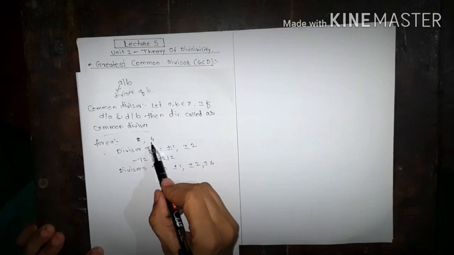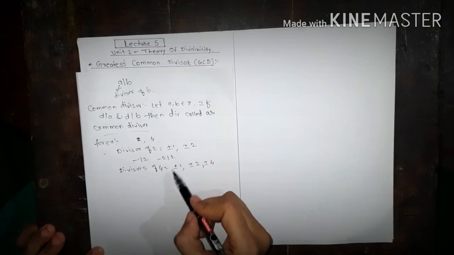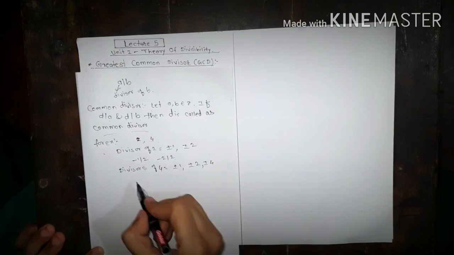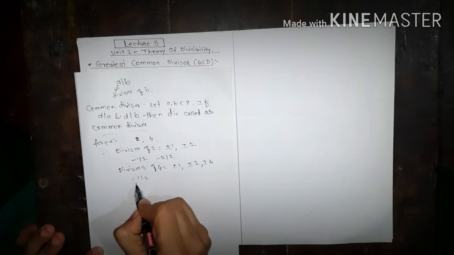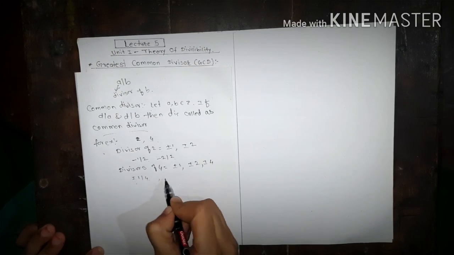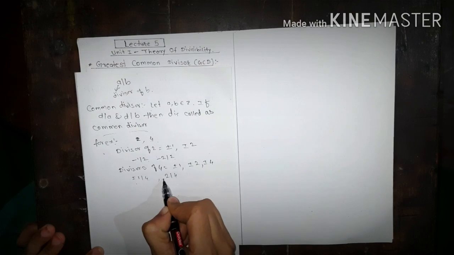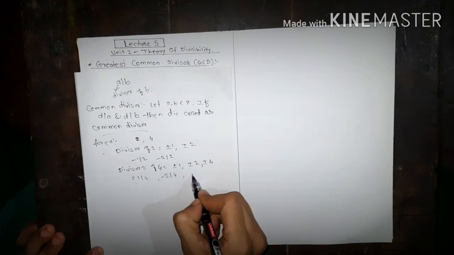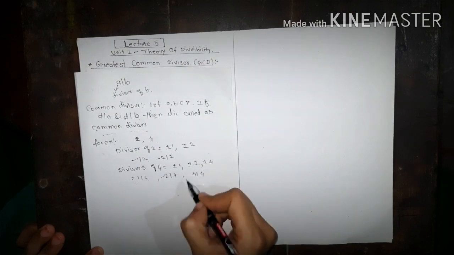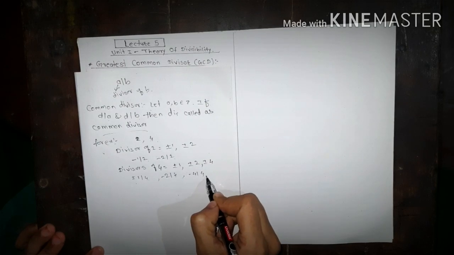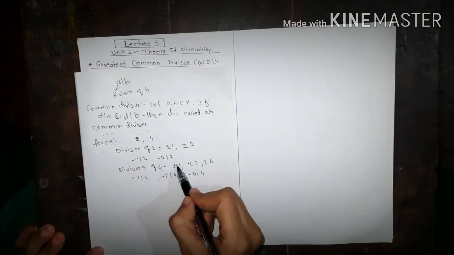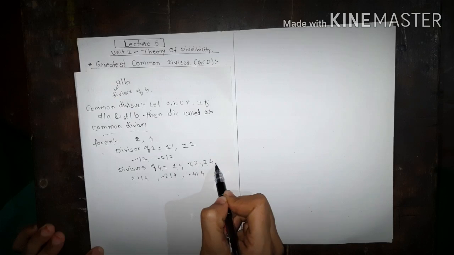Divisors mean the numbers which divide 4. So 1 divides 4, minus 1 divides 4, 2 divides 4, minus 2 also divides 4, 4 divides 4, and minus 4 also divides 4. So divisors of 4 are plus minus 1, plus minus 2, plus minus 4.